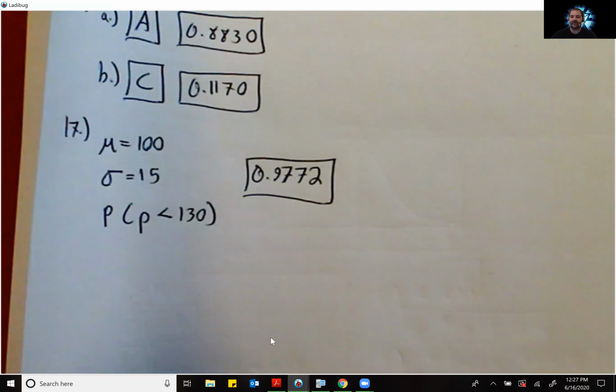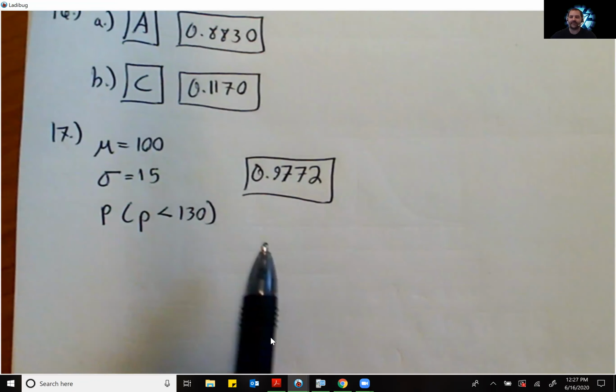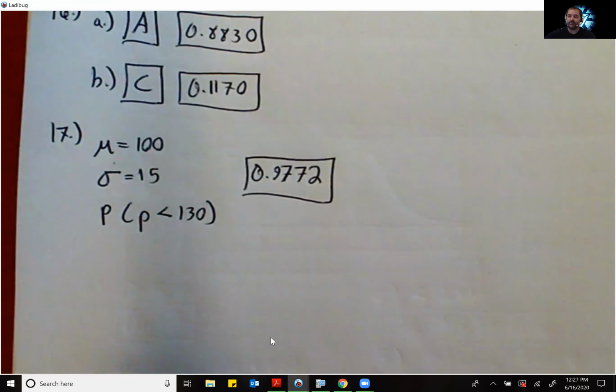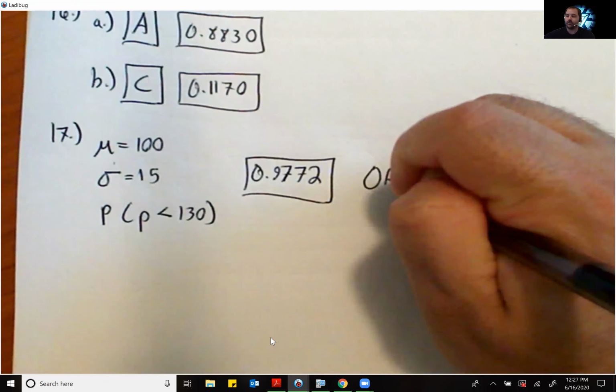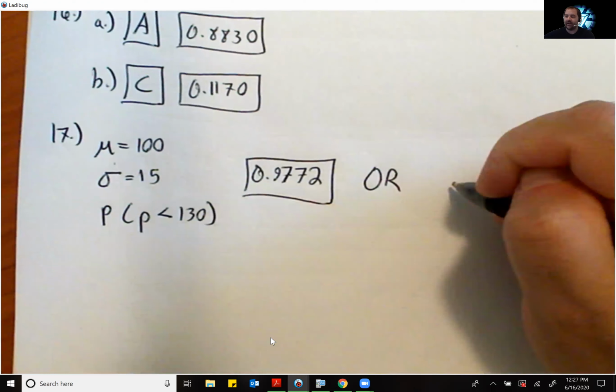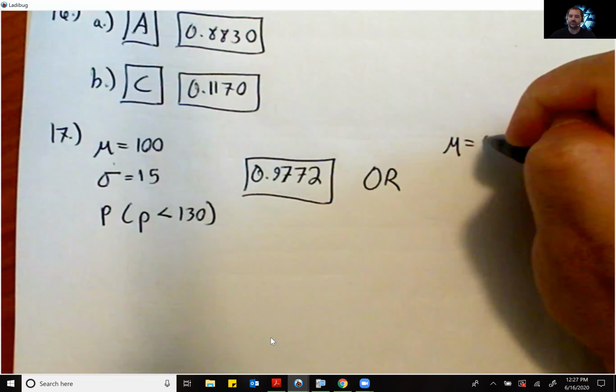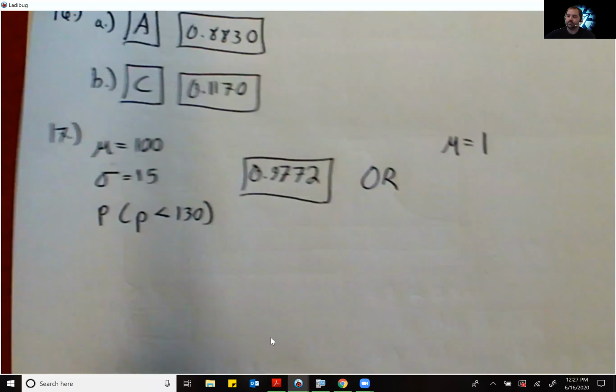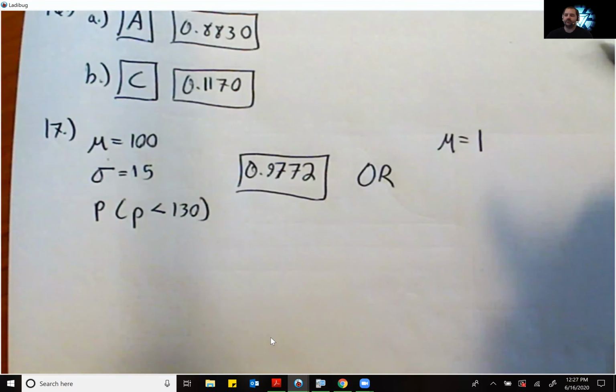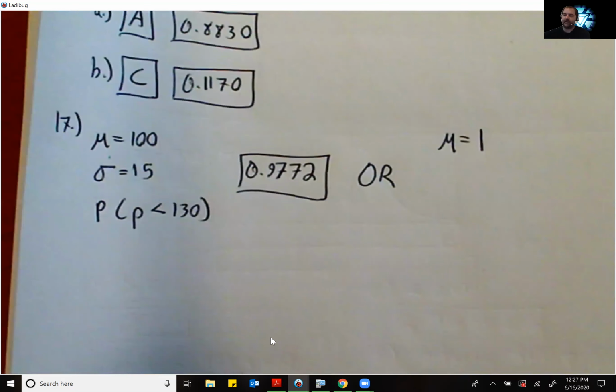So this is what we did. We can work it like this, but you can make it so that it is the standard normal, where the mu is 0. That's your mean.